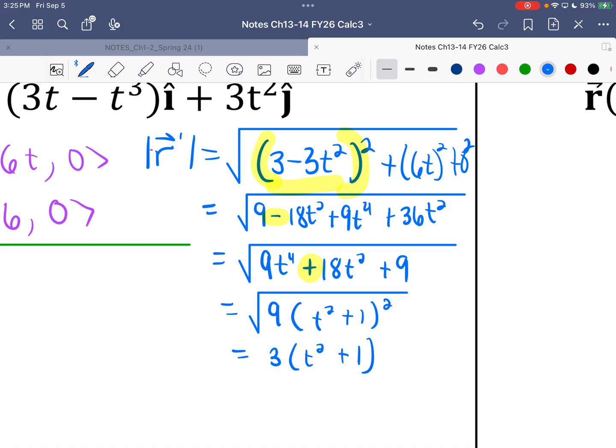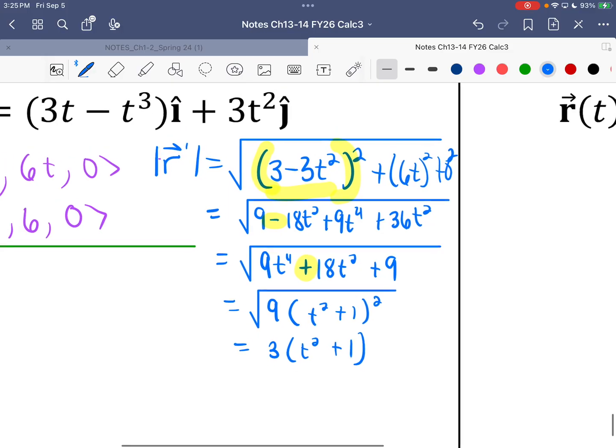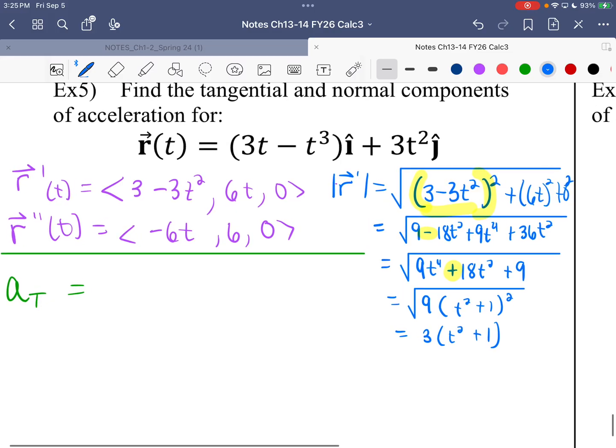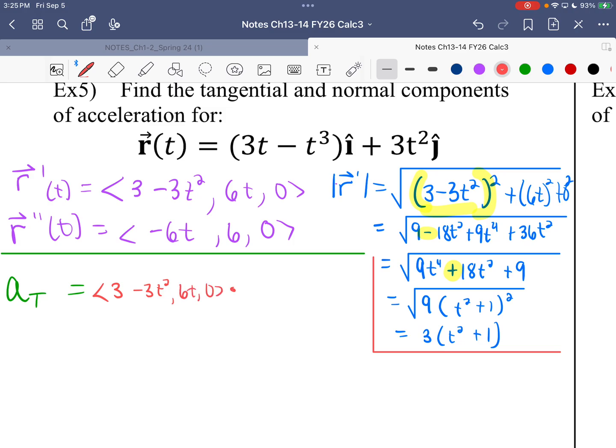That's what the denominator is going to be. Okay, so dot producting. Three minus 3t, 6t, 0 dot product.